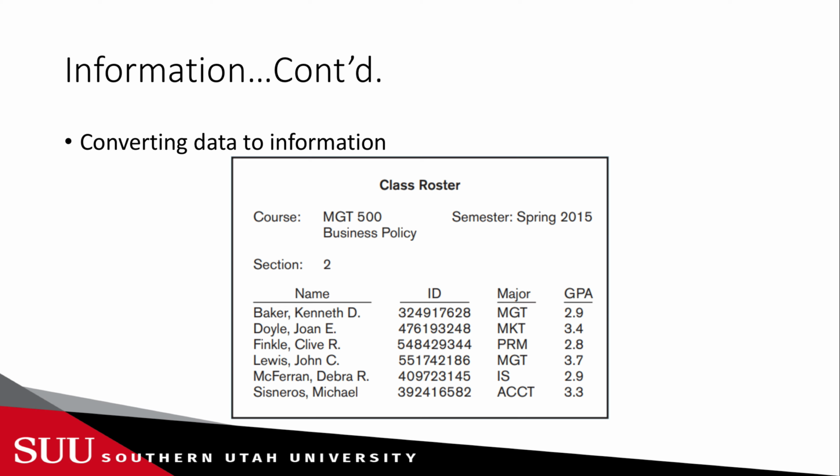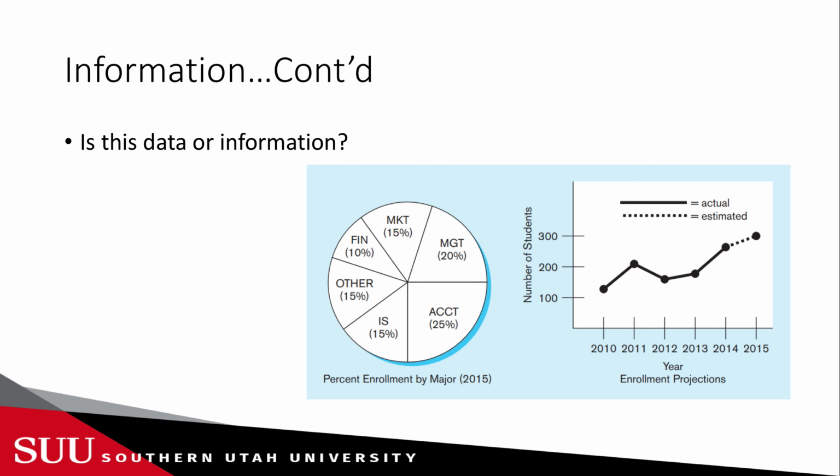So right now, if I look at this, okay, these are student names and these are their IDs, and I have some more data added to contribute to this piece of information. Now, is this data or information? If we look at this, I have marketing 15%, finance 10%, management 20%, and so on.